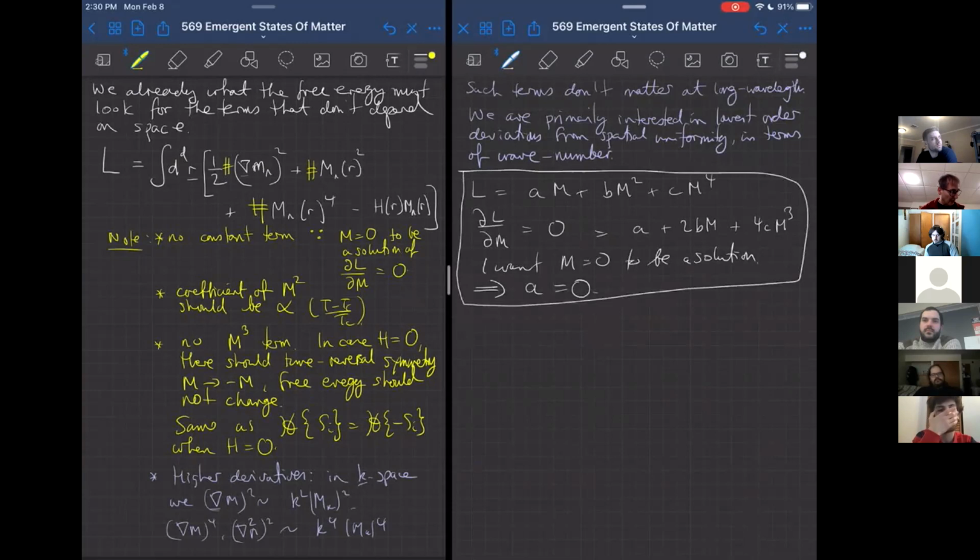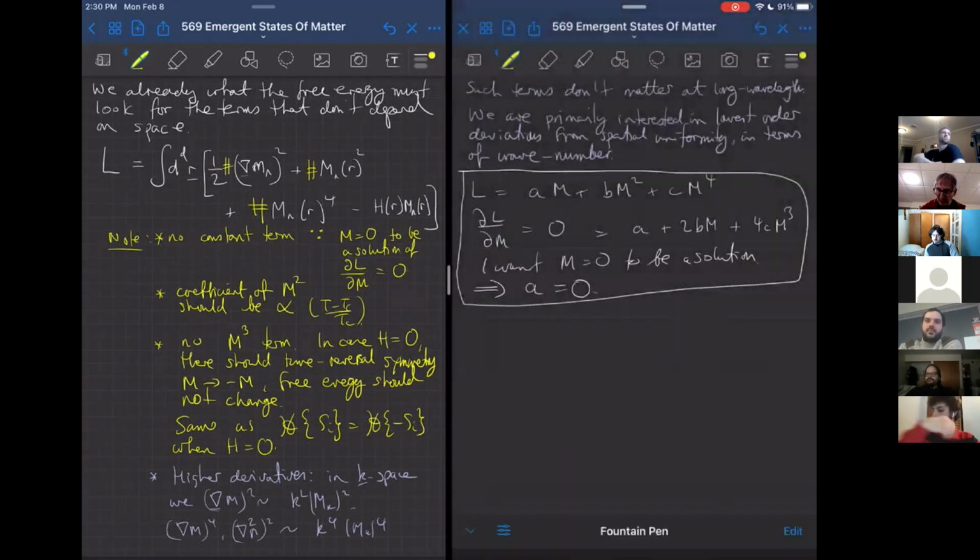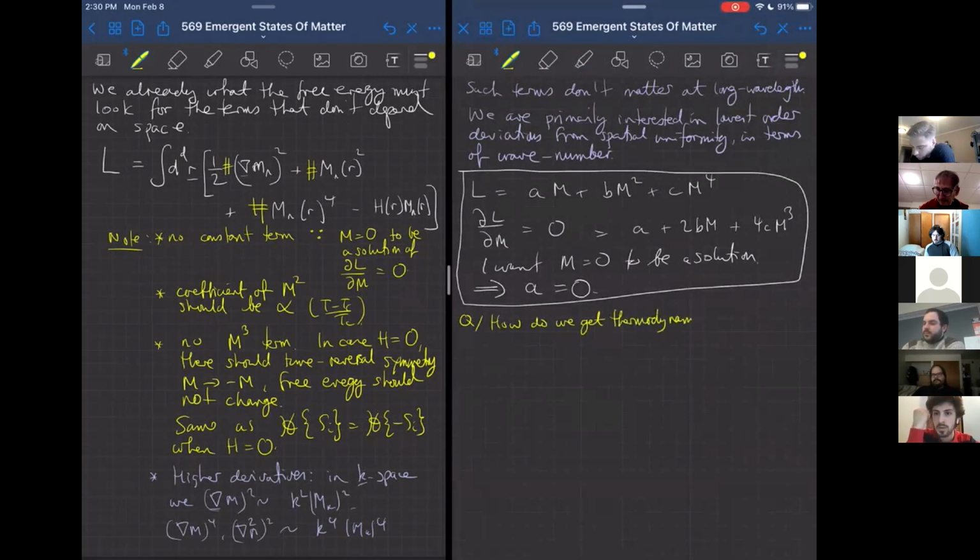And let's go on to the next thing. So the next question that we should ask ourselves then is, well, this is great. So how do I get thermodynamics from this? So the answer is, it goes like this.